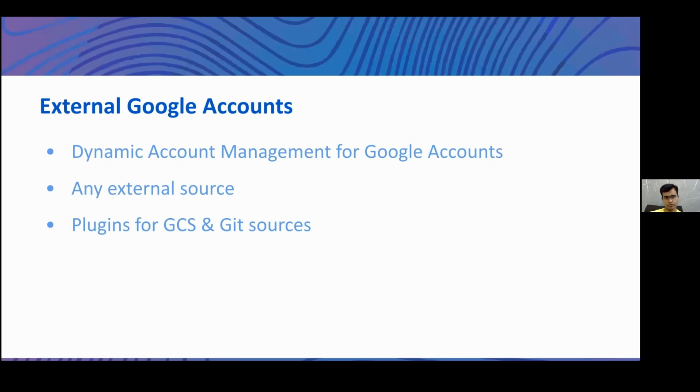Then Spinnaker will load those accounts. If you modify the file with any new accounts or delete existing accounts, that will be refreshed in Spinnaker. Similarly with Git source, you can have an accounts file in a Git repository, and then use the Git plugin, and that will be loaded.